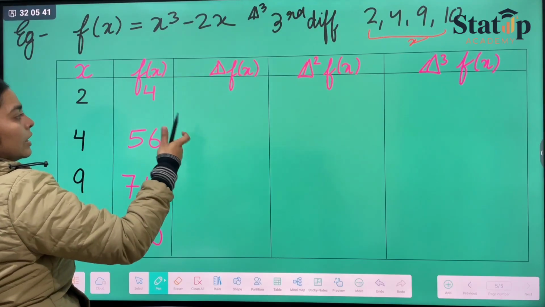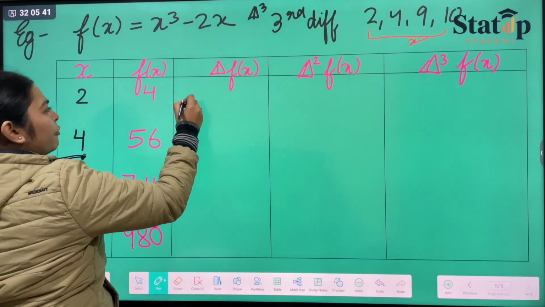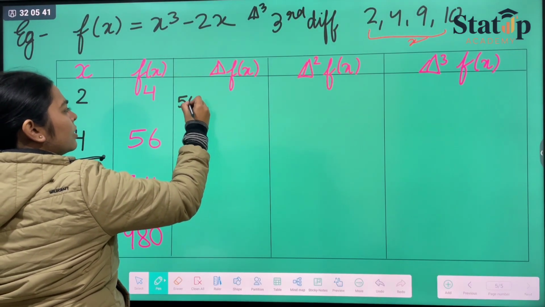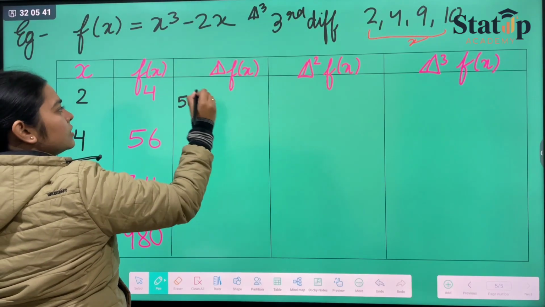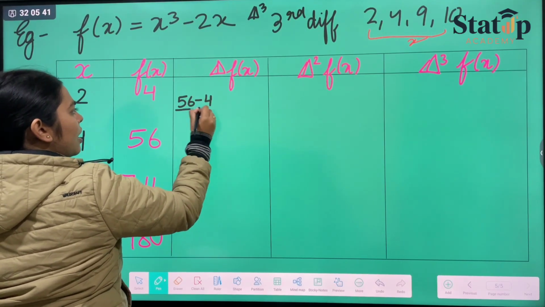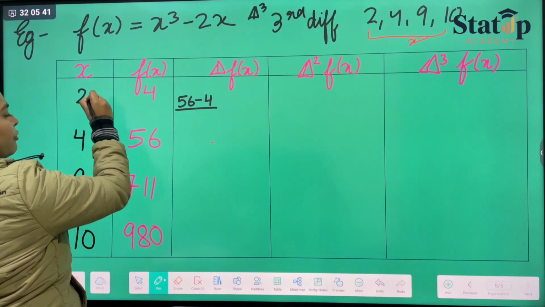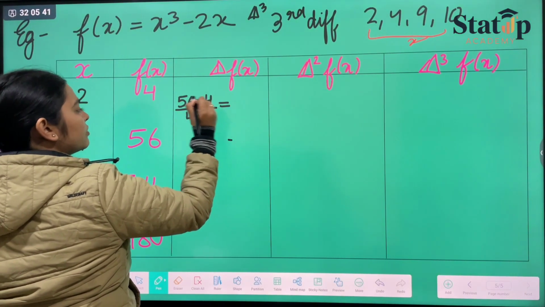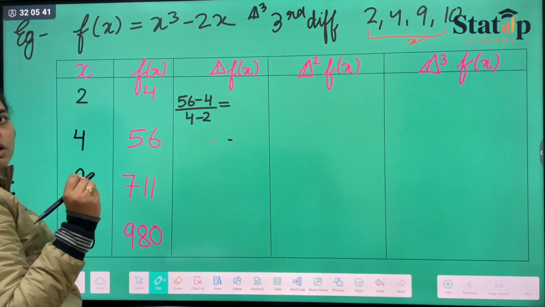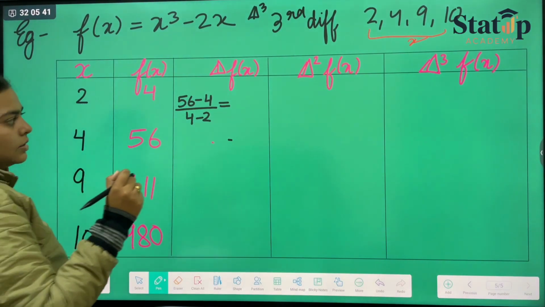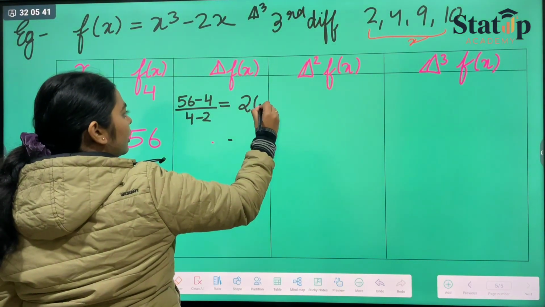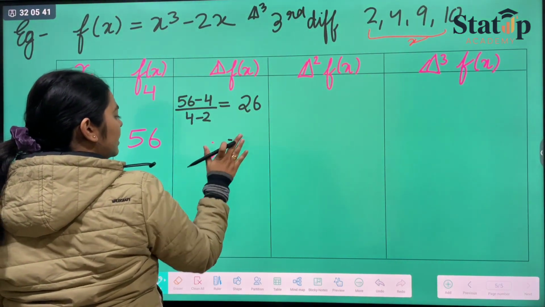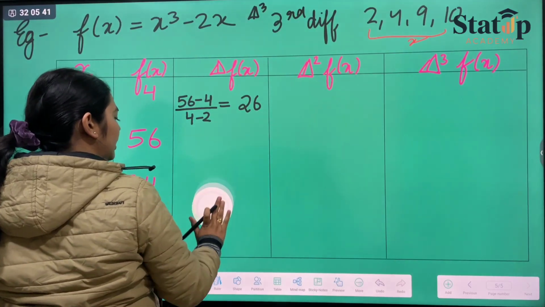First of all, calculating the first difference will be 56, which is f(b), minus f(a), upon b minus a, which is 4 minus 2. So this will be 52 upon 2, which is 26. I hope it is clear how we are calculating them.